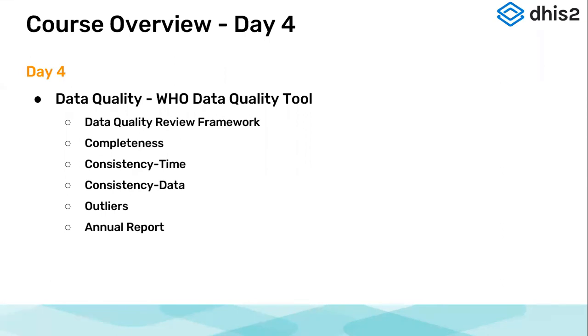Because this extensive content is covered in the level 2 academy, we won't go into too much detail in this one, but we will discuss some important topics like the data quality review framework and how data quality related to completeness, consistency over time and consistency over data affects your configuration. And also we will talk about outliers and briefly on the annual report on day 4.